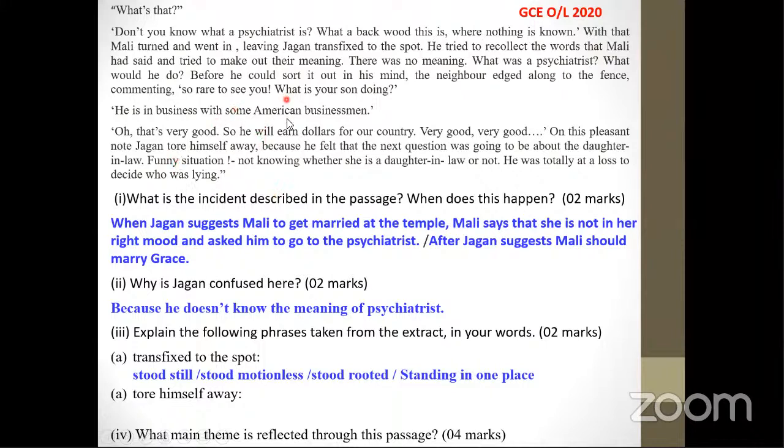He was in discussion with the neighbor, and soon what happens? He tore himself away. What is the answer? Try to get it in context. When you read all these lines, you get exactly. Yes, very good.